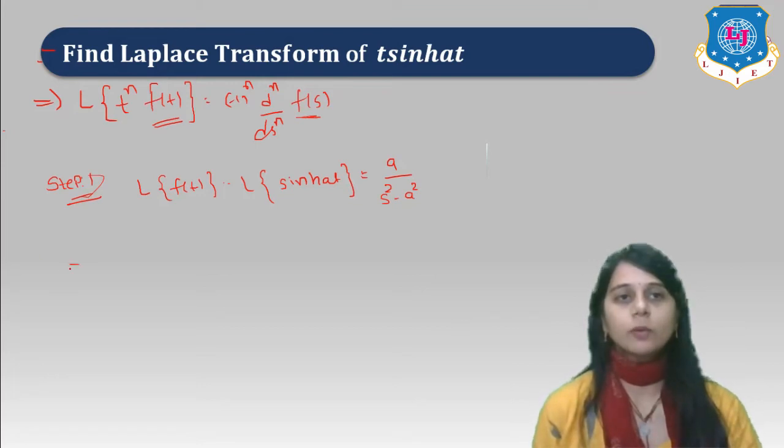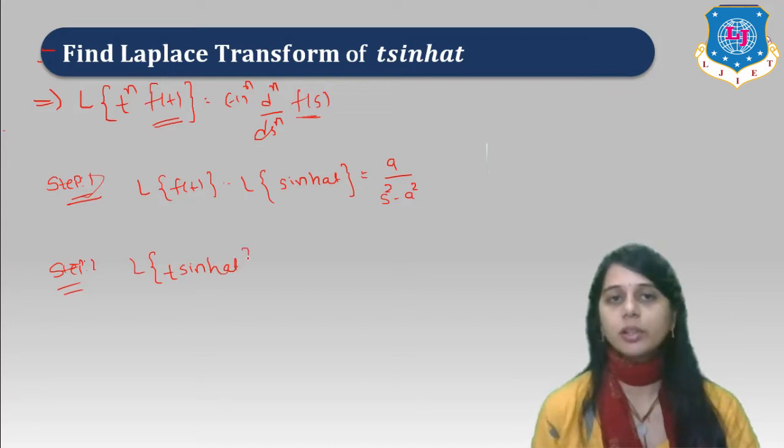Okay. Now step 2, applying the differentiation rule. What is the differentiation rule? Laplace of t sin hyperbolic at equals minus 1 raised to 1, because n equals 1, d raised to 1 by ds raised to 1 of f of s.